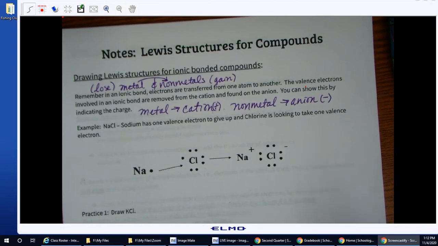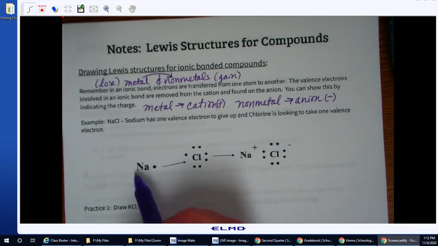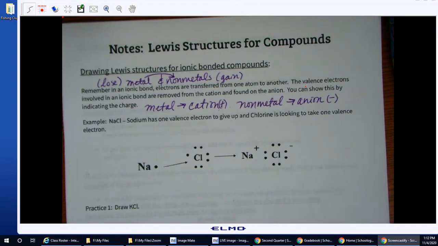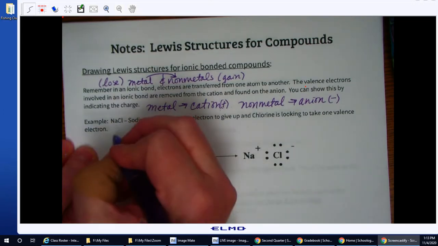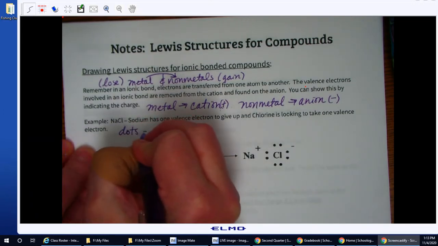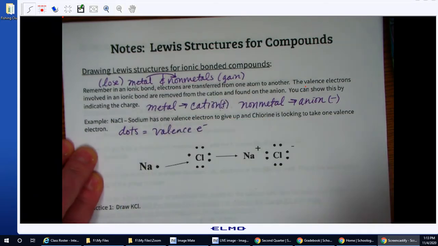Okay, so in looking at these, we should be able to identify that sodium is a metal. Sodium is a metal because it's in group 1, and that means it has one valence electron. So when we draw the Lewis dot structures, the dots around the atom represent the number of valence electrons. So dots equal valence electrons.